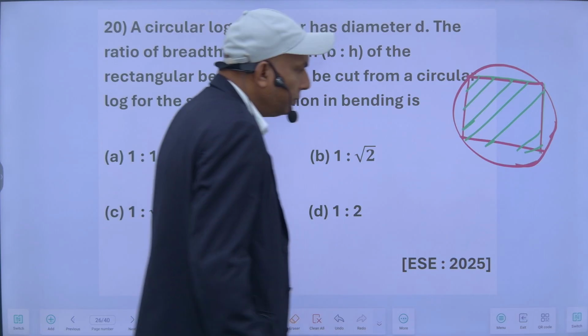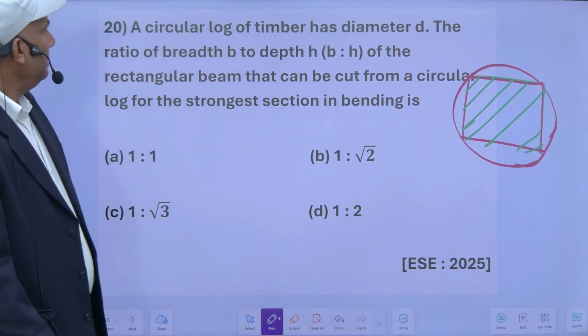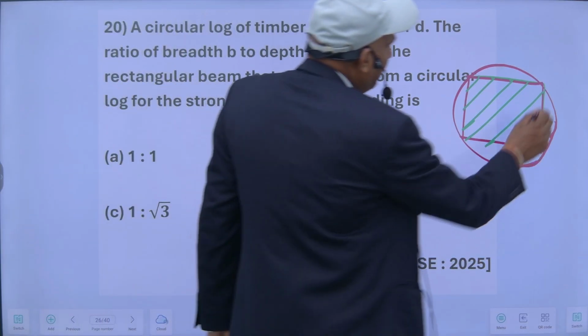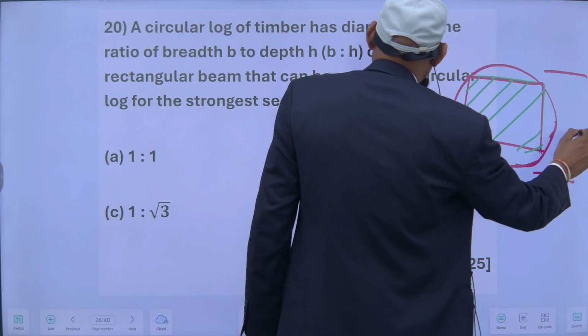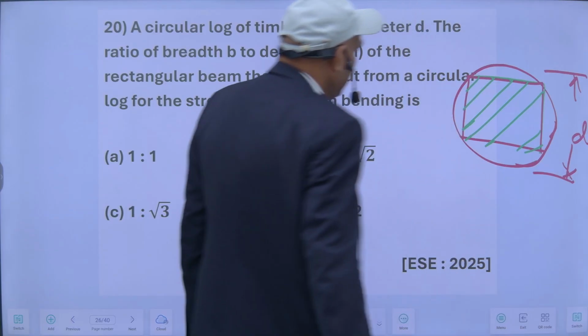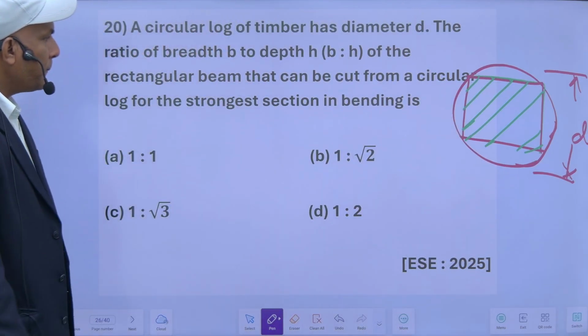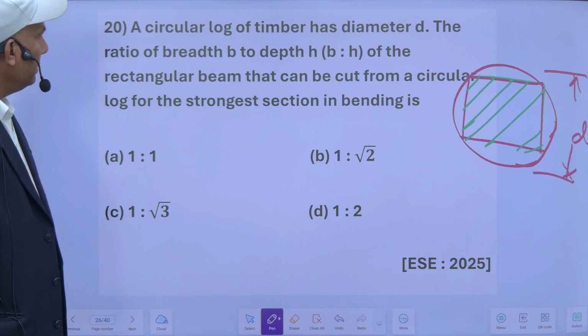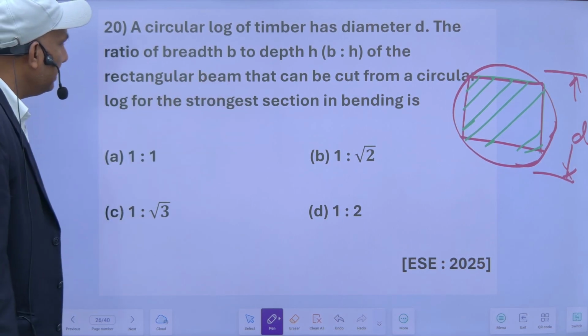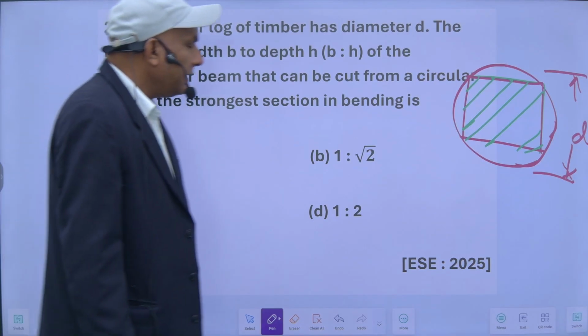So now this is the circular log of timber has diameter d. This diameter is d, and the ratio of the breadth to depth of the rectangular beam that can be cut from the circular log. So this is my rectangular beam.